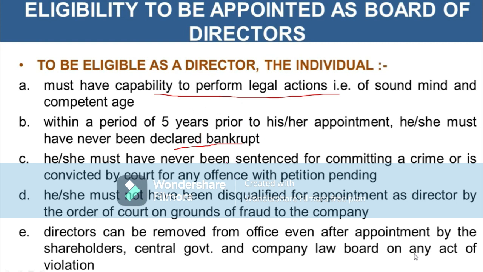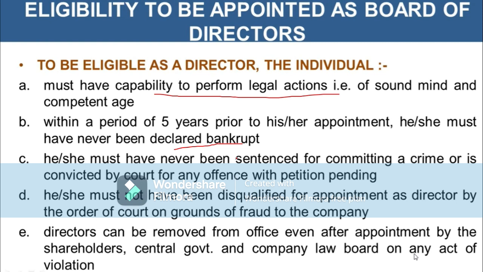Why? Because a code of conduct should be maintained for directors, like not using company information for personal gain, or doing insider trading, or unnecessarily using the advantage of the power of authority. Likewise, creating conflicting interest between personal interest and the company.